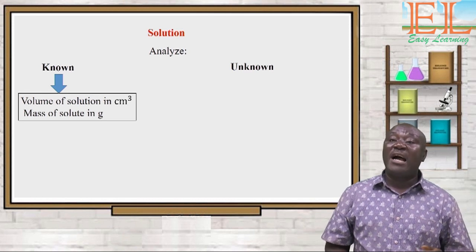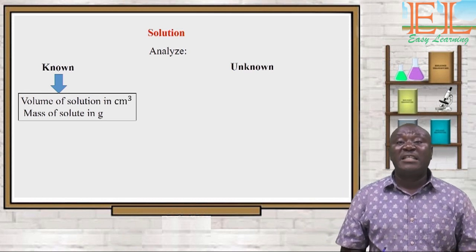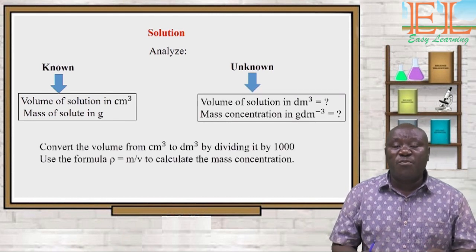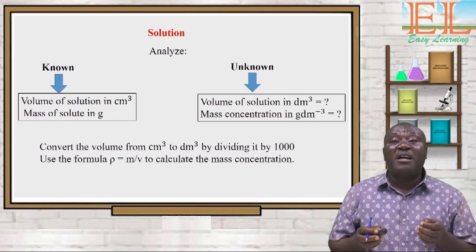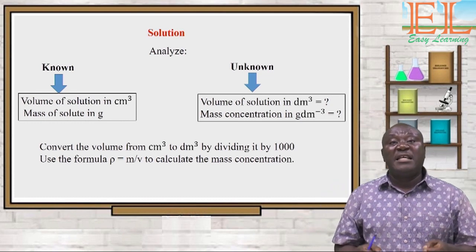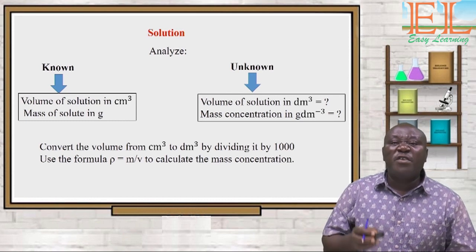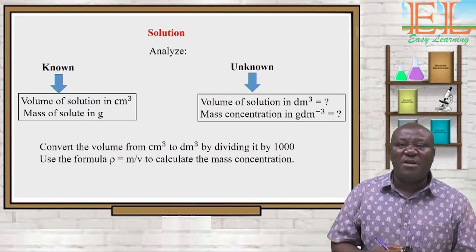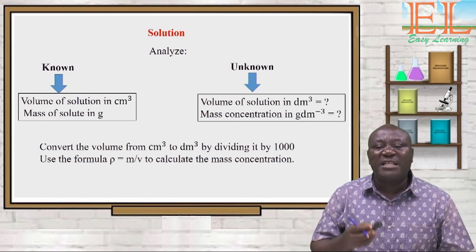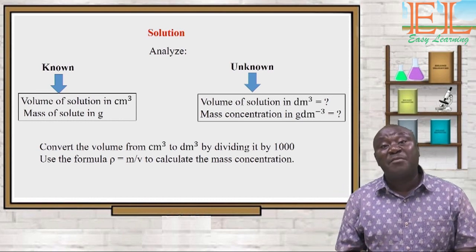Now, you will have to convert the volume in cm cube to dm cube because the definition of a concentration is the mass dissolved in 1 decimeter cube, and 1 decimeter cube is 1,000 centimeters cube. So you have to divide it by 1,000.